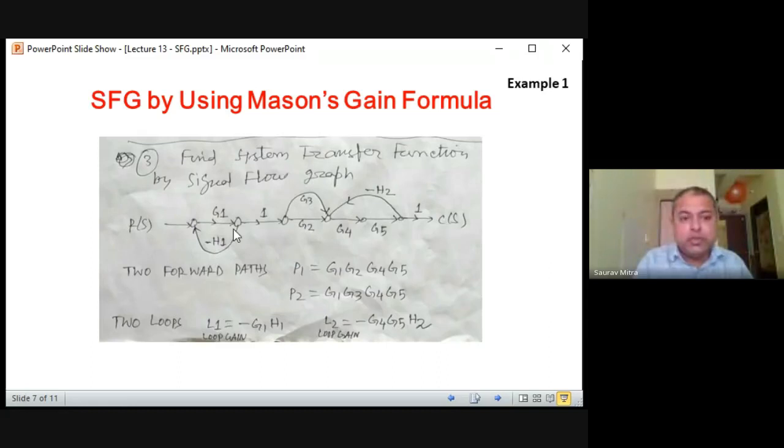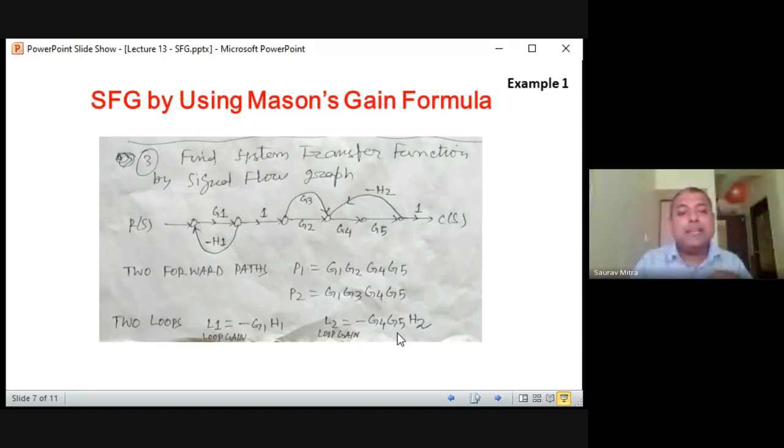They are not touching because there are two nodes in this loop and two nodes in the other, so there is no common node. Hence loop 1 and loop 2 are not touching, and their loop gain product is minus G1 H1 multiplied by minus G4 G5 H2, which is G1 G4 G5 H1 H2.